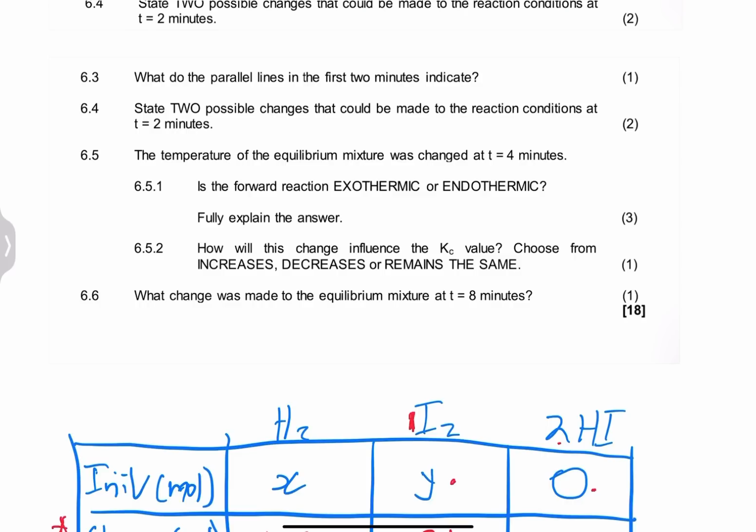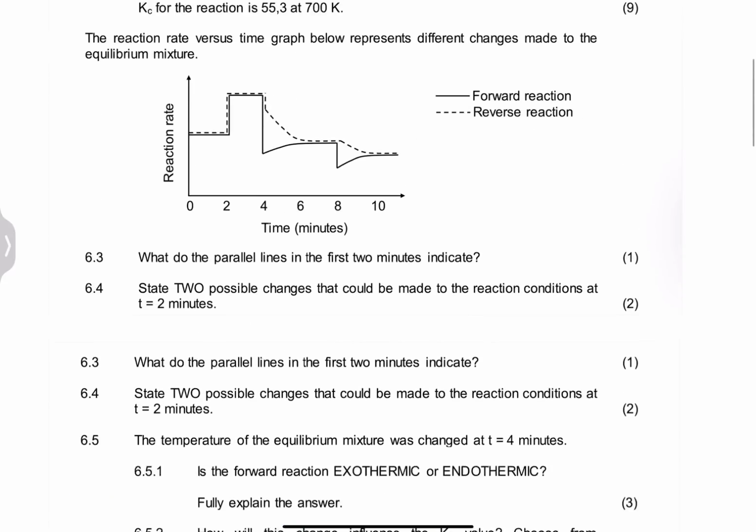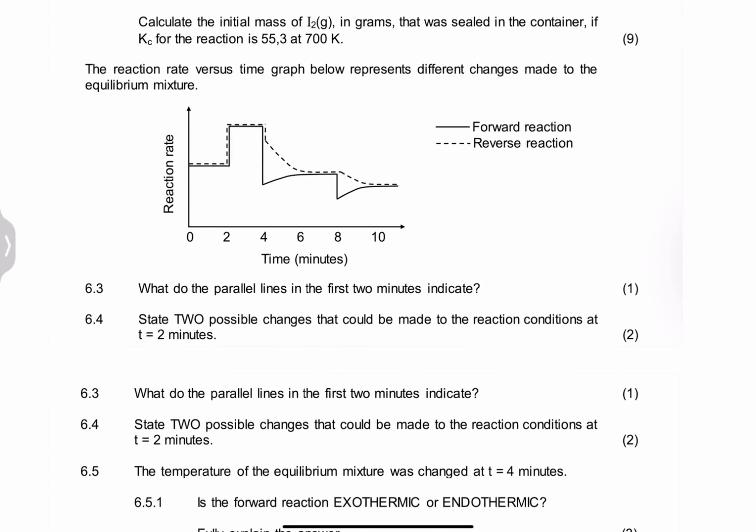All right, and then finally, they say what change was made to the equilibrium mixture at t equals 8. So what happened at t equals 8? We know it's not temperature, and it's not the addition of a catalyst or pressure. So it must have been the concentration. I want you to note in this case, there was a steep decrease in the reaction rate of the forward reaction, but immediately it started picking up, right?